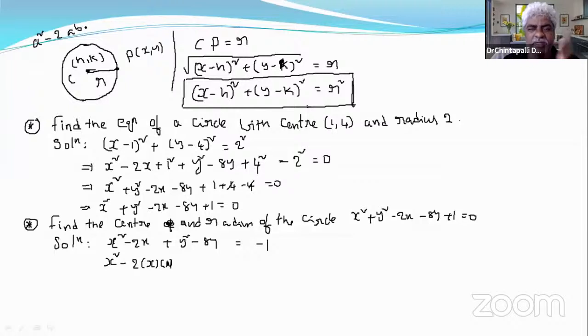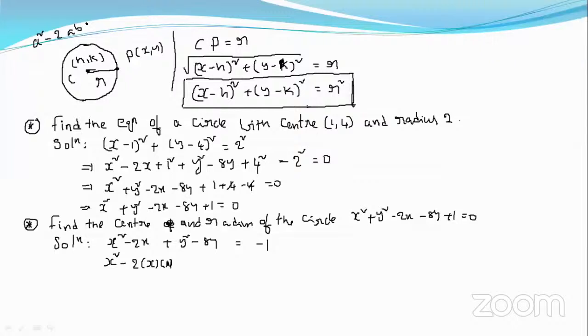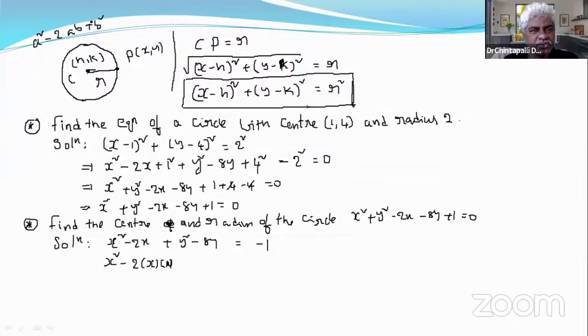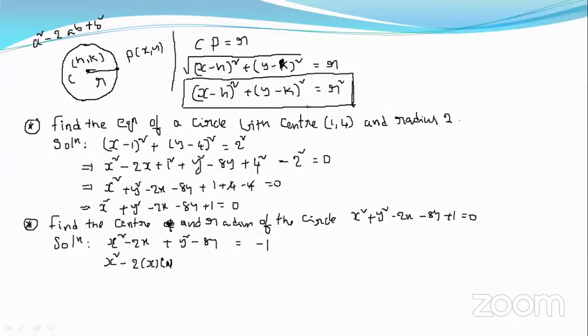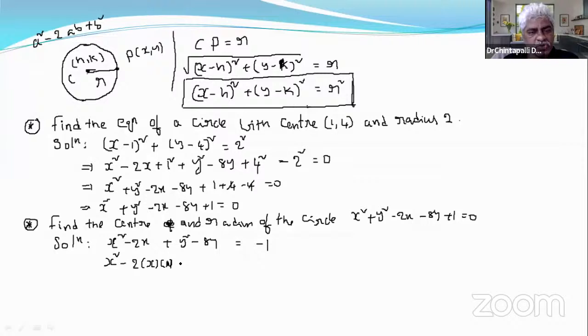What is needed to complete the (a minus b) whole square formula? In the formula, b square is needed, right? Here b means 1. We need 1 square. That's why we add 1 square on both sides. There is already minus 1.